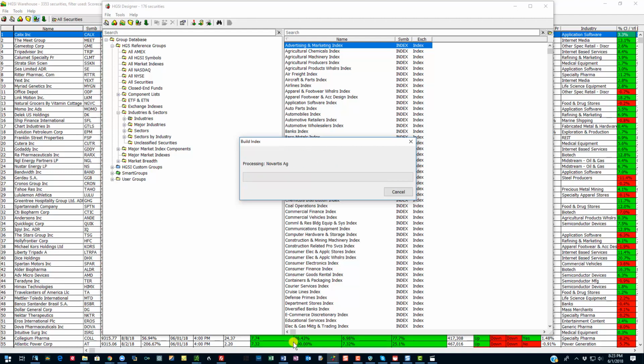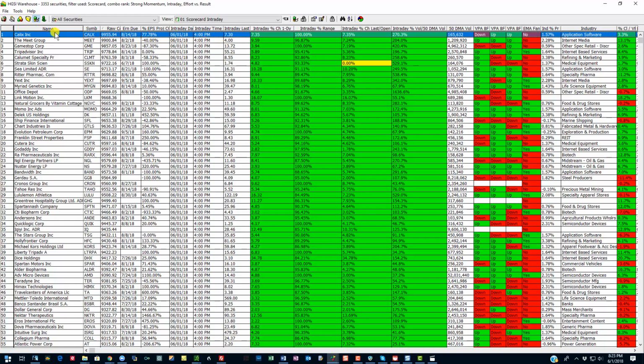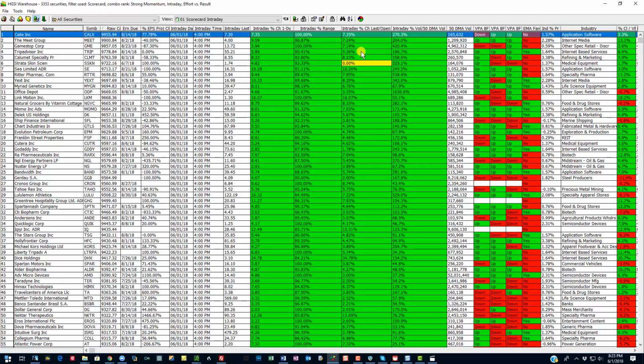I'm just updating the groups. It's using the end of day information. And by the way, if you have Thinkorswim and HGSI, as soon as the market closes, you can do this with the closing prices. I'm going to click on my designer again. I don't need to do that.